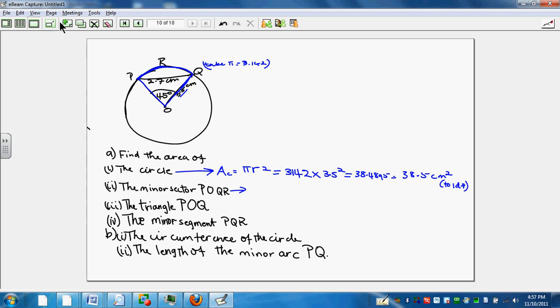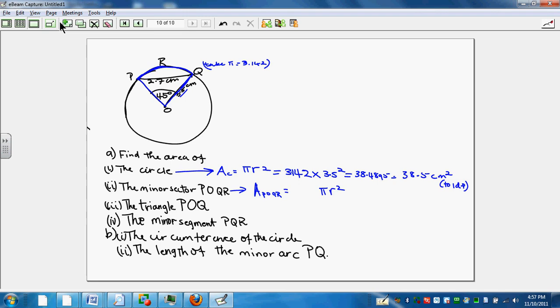Now the area of the minor sector will be just part of the area of the entire circle. So to get the area of the minor sector POQR, we consider the whole circle, which is pi r squared.